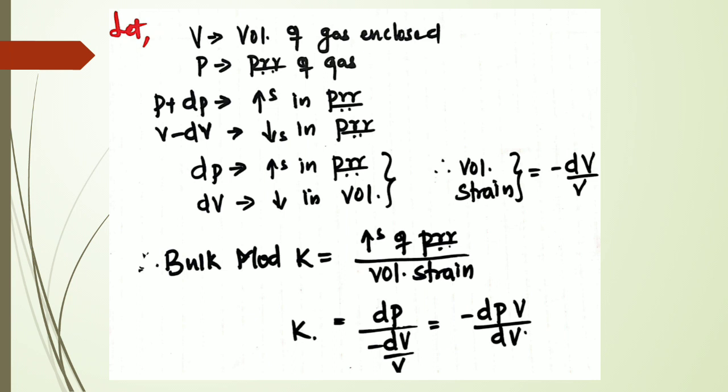Therefore, bulk modulus can be defined as increase in pressure to the volumetric strain, or compressive stress to volumetric strain. Therefore, K is dP by minus dV by V, or minus dP V by dV.